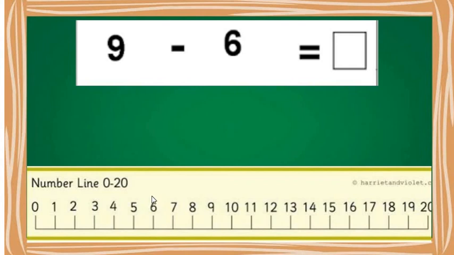Okay? It is not made up only of 0 to 10 numbers. We can draw much more numbers after 20 also on the number line. Right now we have the number line only of 0 to 20 numbers. So let's solve the given sum with the help of this number line.